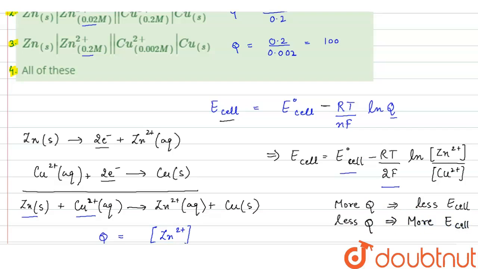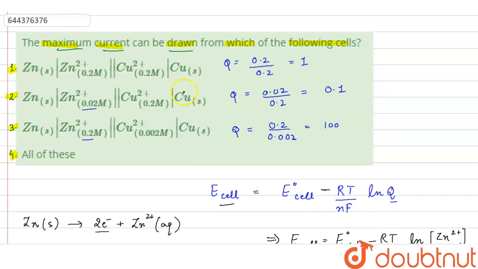In these options, the value of Q is least, that is 0.1, in the second cell. So the correct option will be option 2. So option 2 is the answer. Right, so this is the answer.